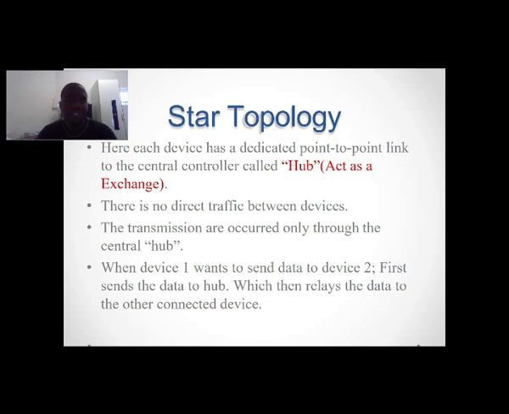Let's look at the first one, the star topology. In this one, each device has a dedicated point-to-point link to a central controller called a hub, which acts as an exchange. Basically, we have one link which all the devices are going to connect to. Remember, this is the one I say is the most popular, the most common type of network.